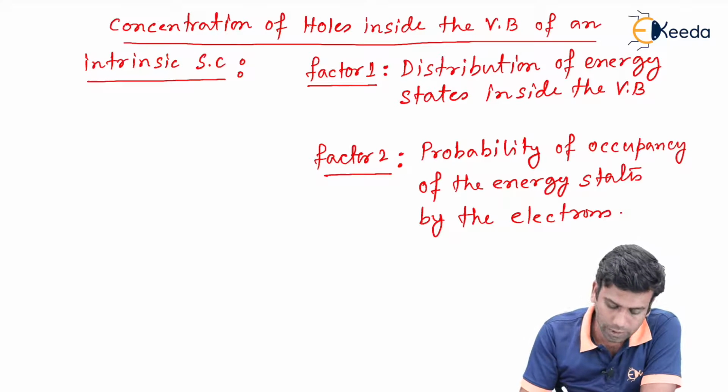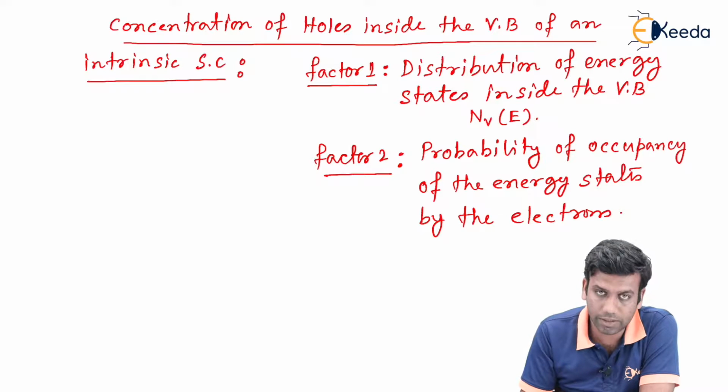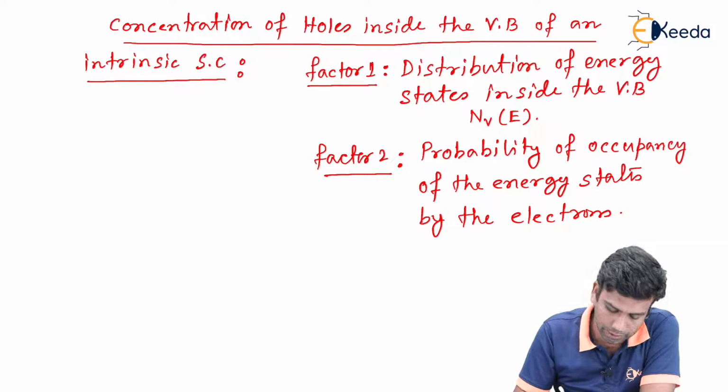Factor 1 is defined by a term NV, which is a function of energy, and the probability of occupancy of the energy states by the electrons is defined by the Fermi-Dirac distribution function, that is F(E).